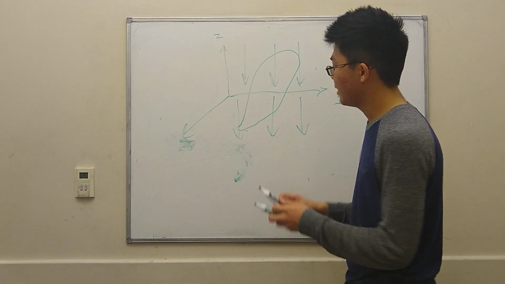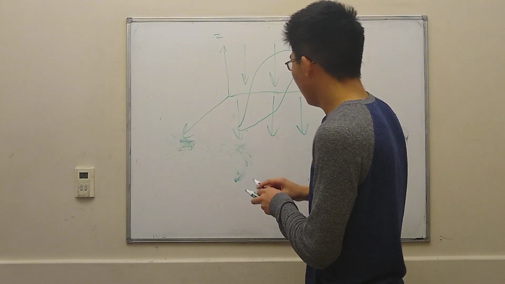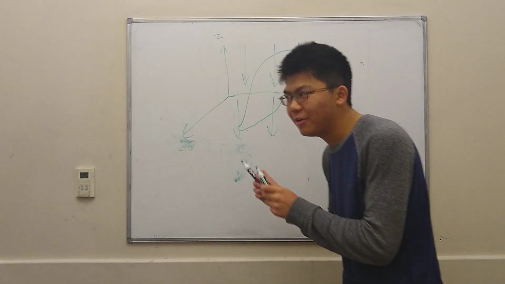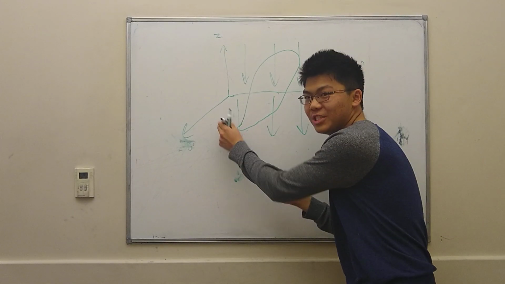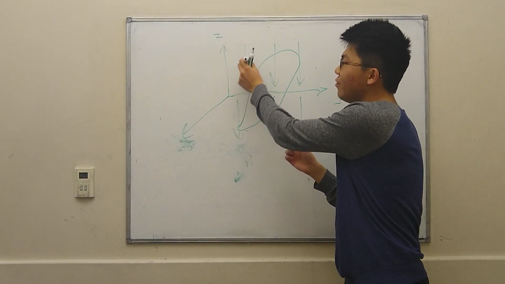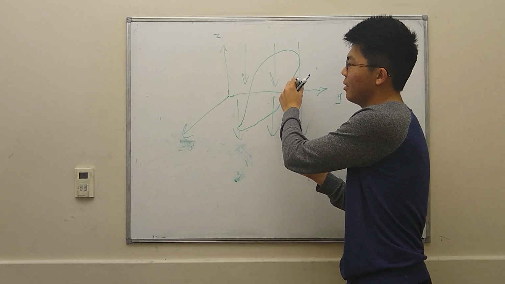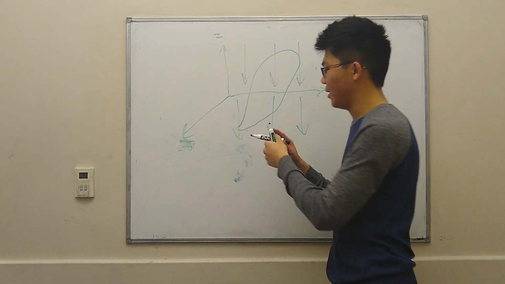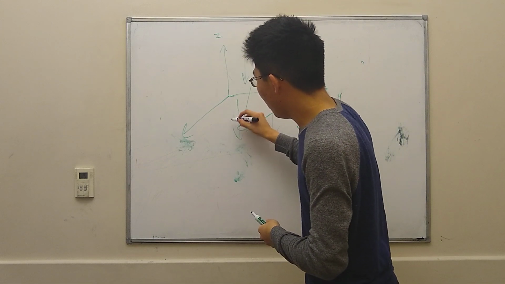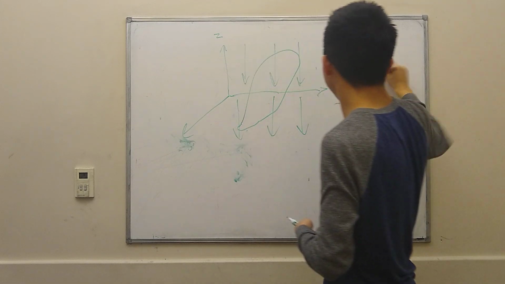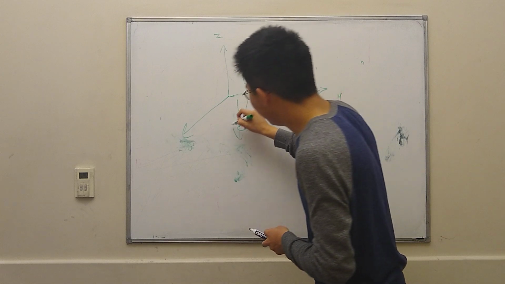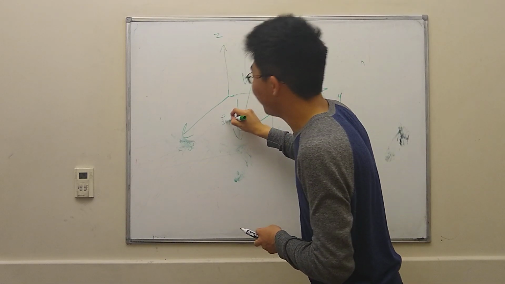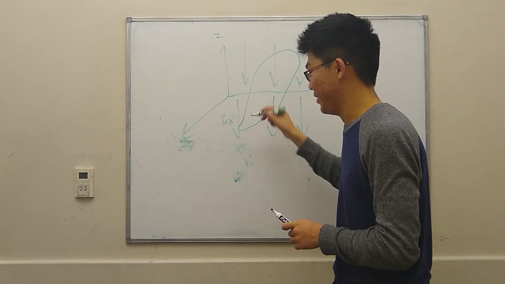In this case, let's say we're moving in a clockwise direction. So let's say we start here, and we move back to the original starting point. So let's start here. Our dr vector points upward.